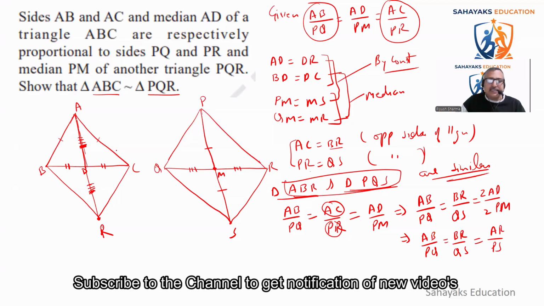So we can say that angle B is equal to angle Q. Now, when angle B is equal to angle Q, and angle B is equal to angle C, what is angle A then?